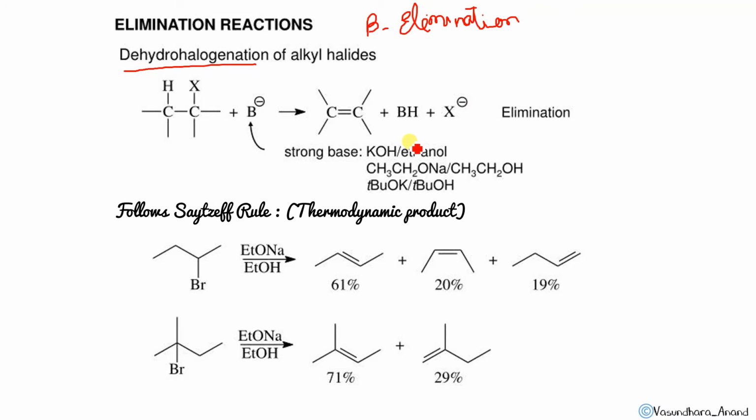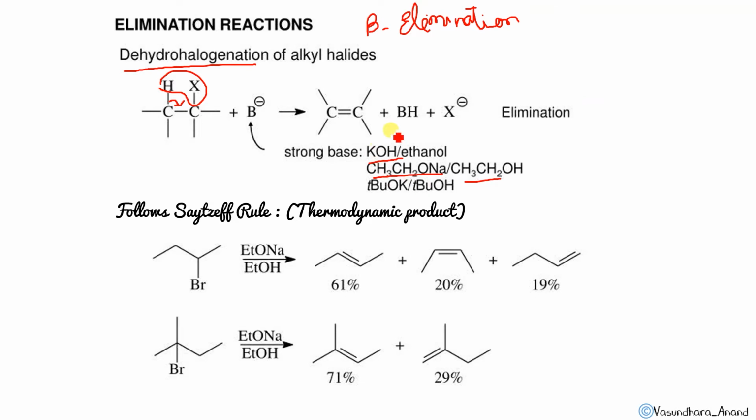Since H plus and X minus go out, this bond will shift over here and form a double bond. This B minus can be a strong base, and a strong base can be KOH, it can be EtONa or EtOH, it can be potassium butoxide and butanol.